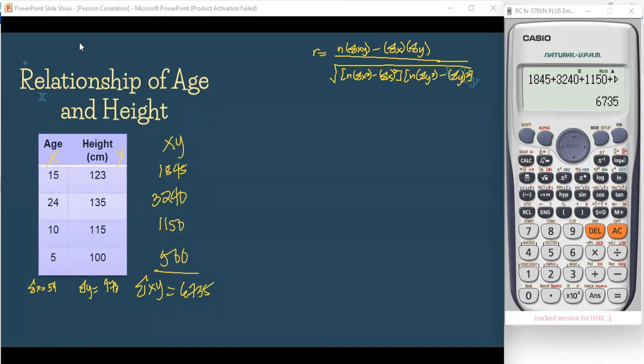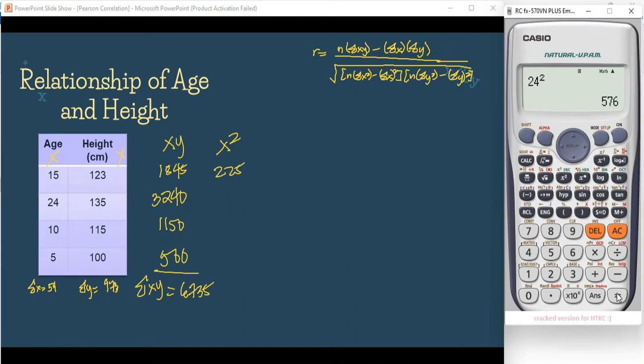So now, let's compute for our x squared. Pag sinabi po natin x squared, i-multiply lang po natin si x ng sarili niya. So ito po yung mga x values natin. 15 times 15, that is 225. 24, or pwede naman po dito sa calculator natin, 24 raised to 2.